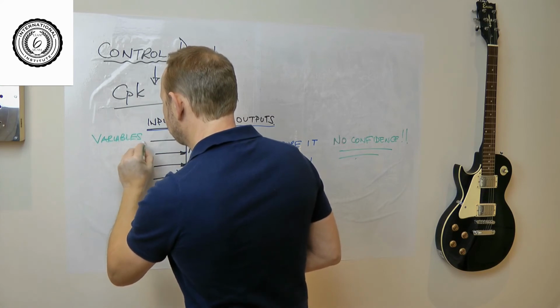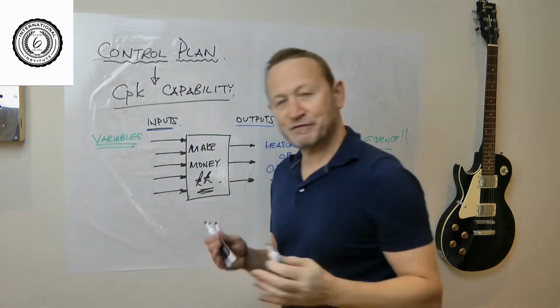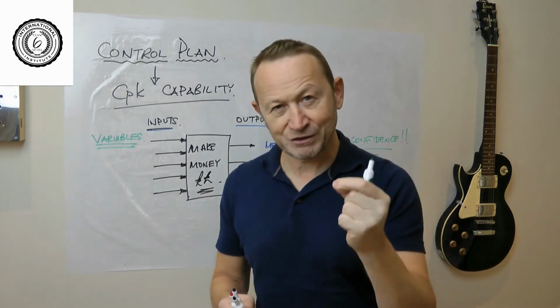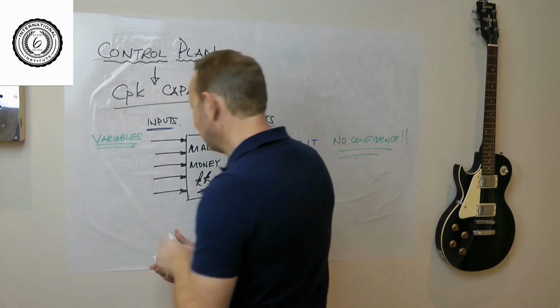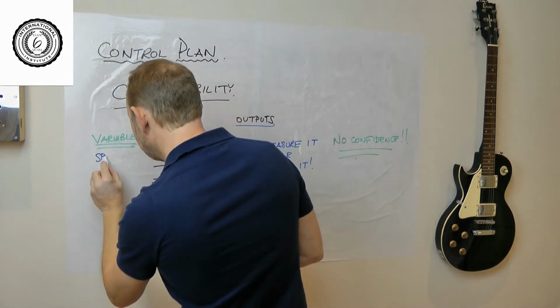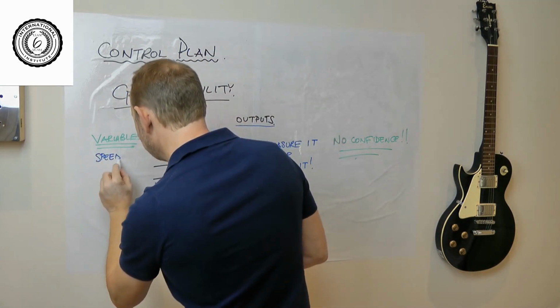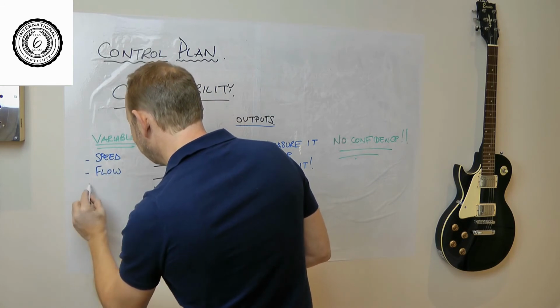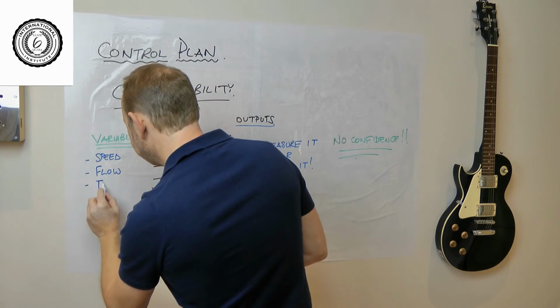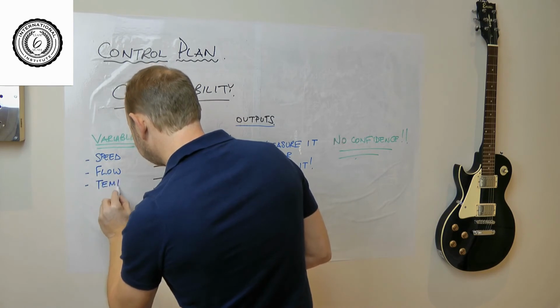and it identifies individual variables, single things. So it could be settings on the machine, it could be the speed of the machine, it could be the flow setting of a liquid through the machine, it could be a temperature.